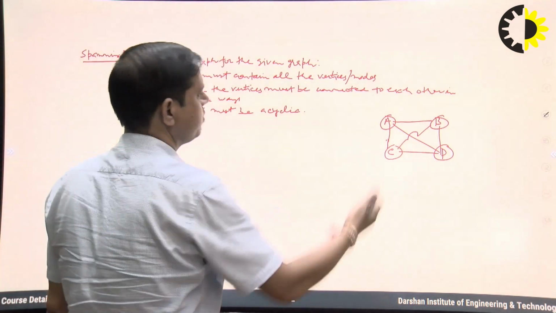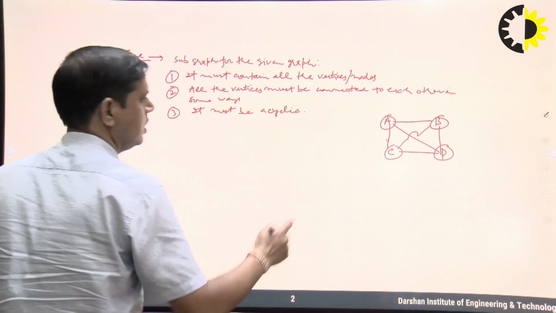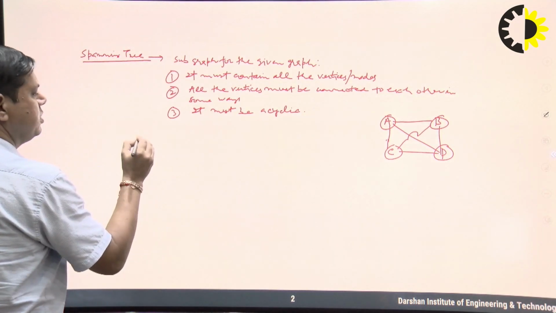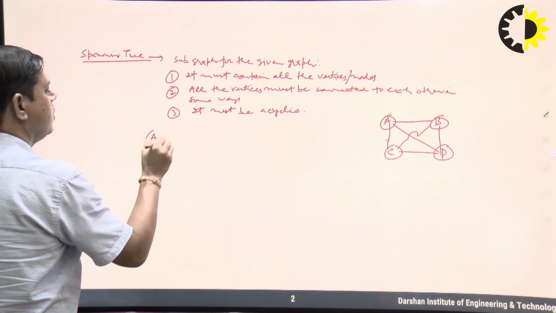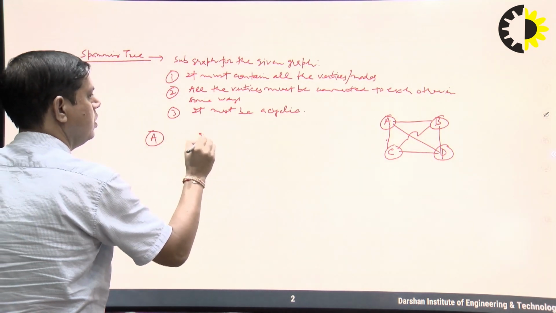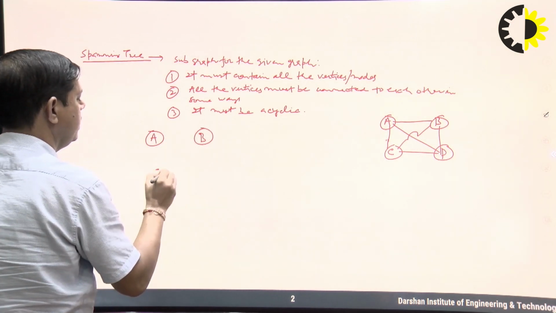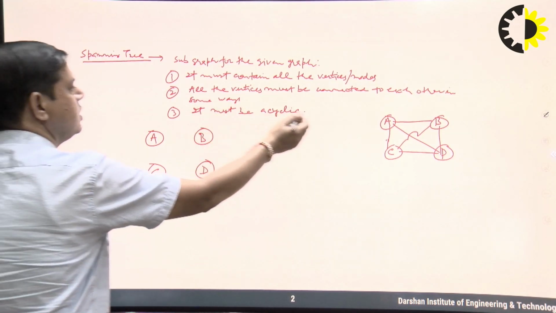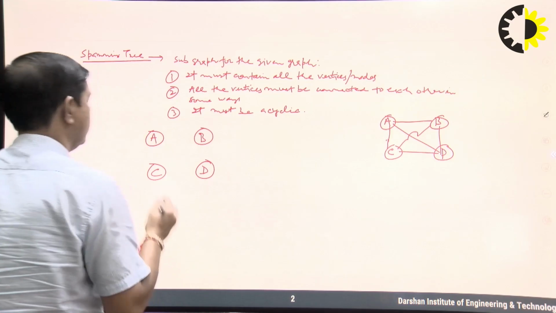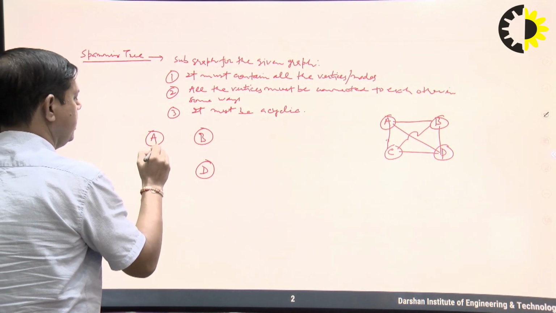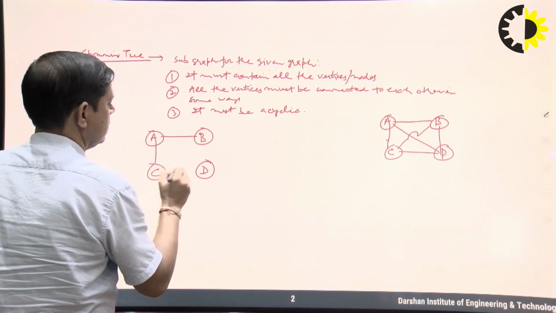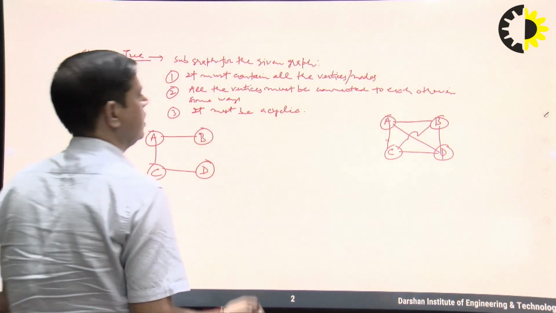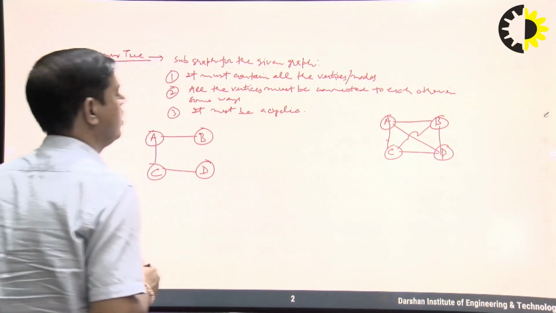If we are making the spanning tree for the given graph, it must contain all the vertices. So one possible spanning tree can have all the vertices. I have taken A, B, C, D. The second condition, they are connected in some way. And the third condition, it must be acyclic. It should not contain any cycle.